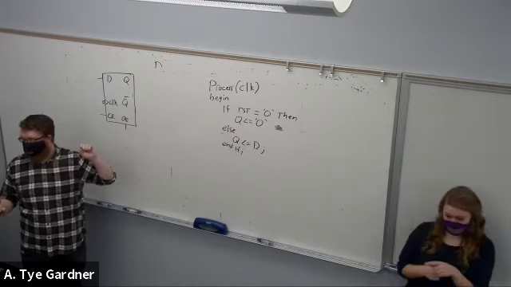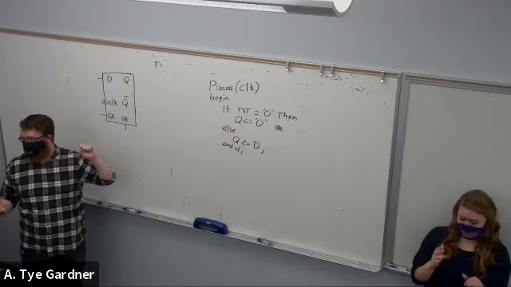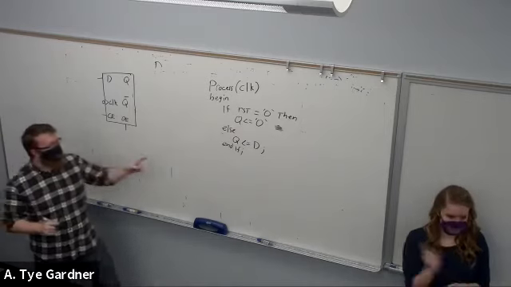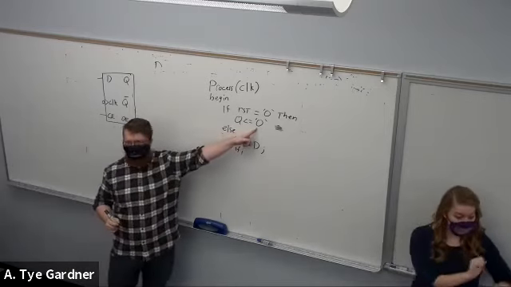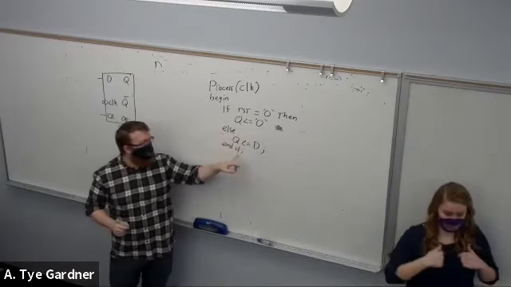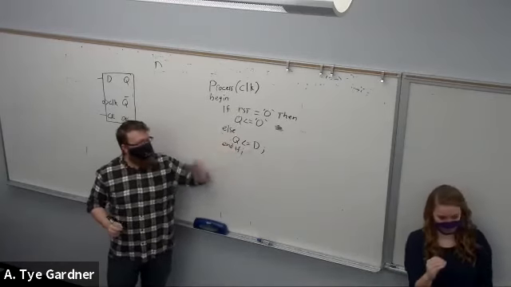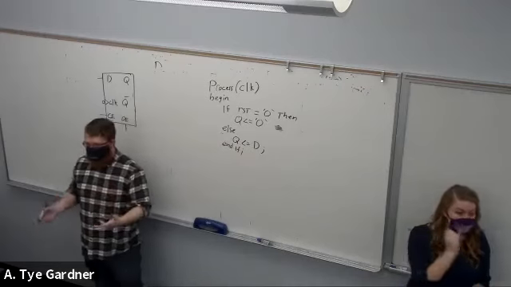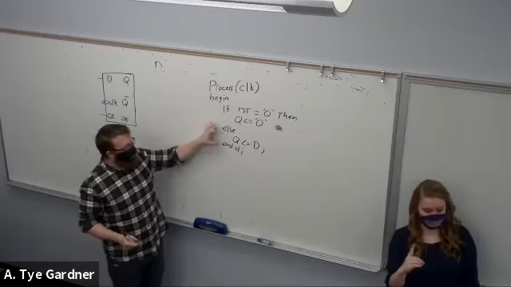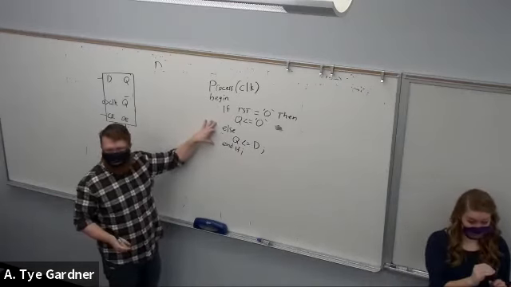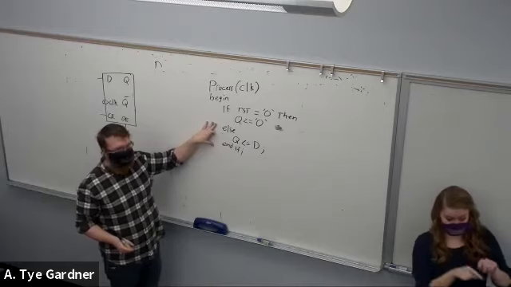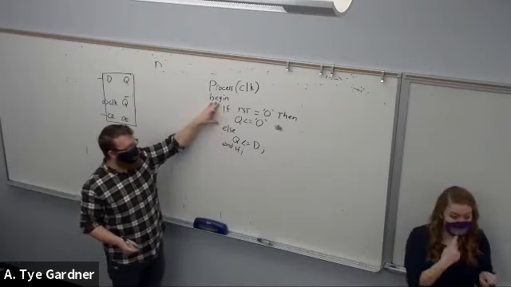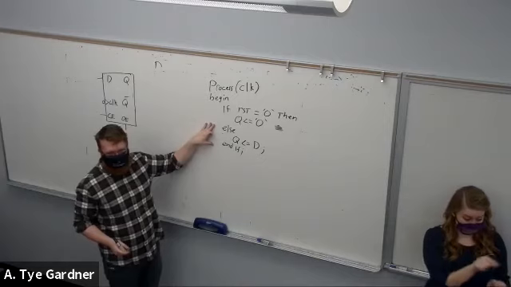Active low. Correct. Active low. If the reset is 0, we're just setting it to 0 so we know what happens. Otherwise, Q is equal to D. So if we're not resetting, Q equals D. If reset is 0, this second half of the if statement never executes, right? This is an else. If this is true, the else never happens.